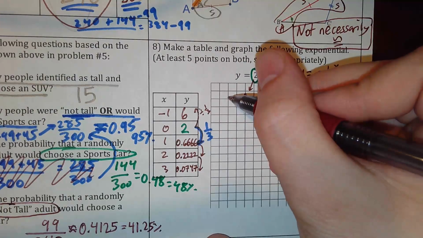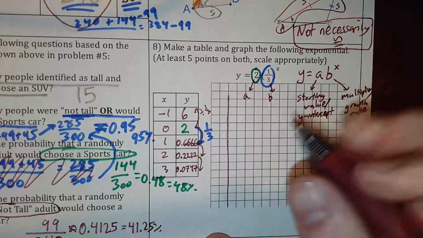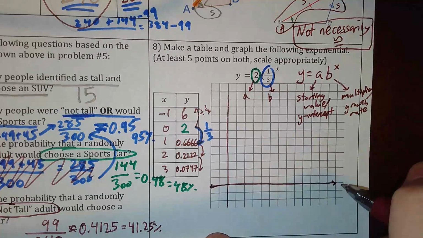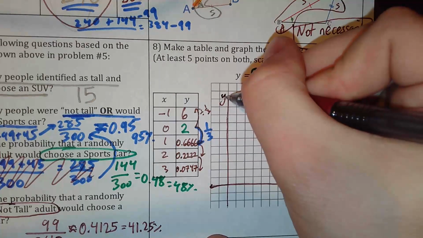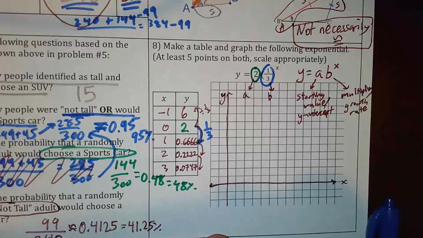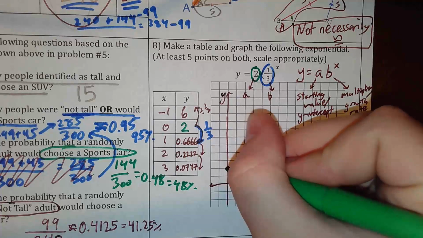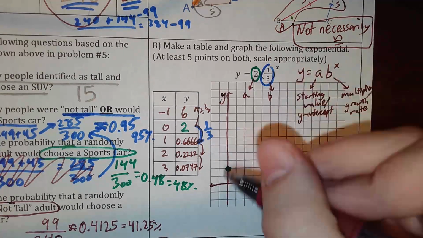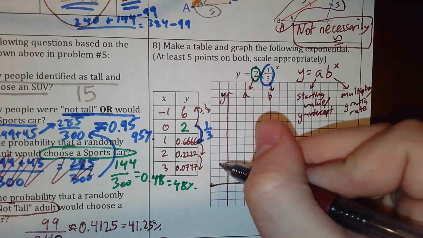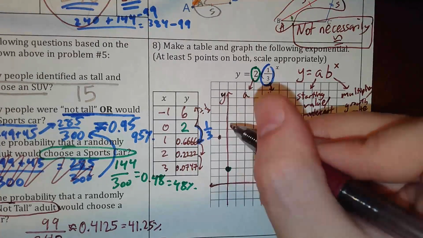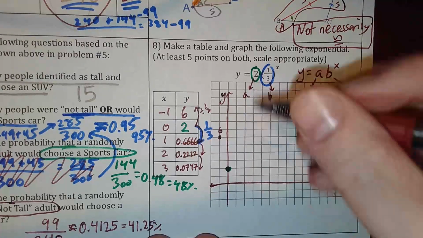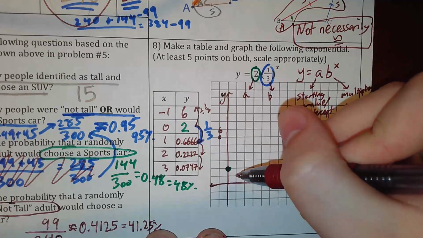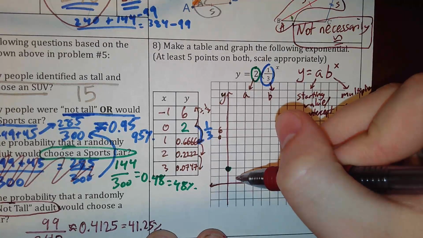I'm going to label my x-axis around here and my y-axis around here. I'm going to label my starting value at 2. We have -1, 6. Then 1, 0.67 approximately, which is right there.